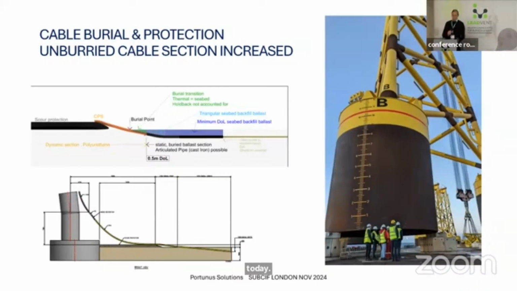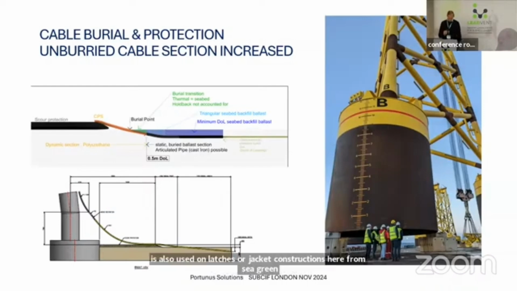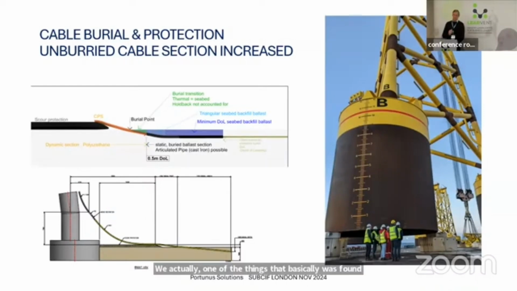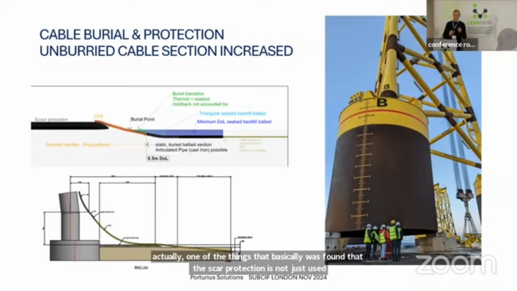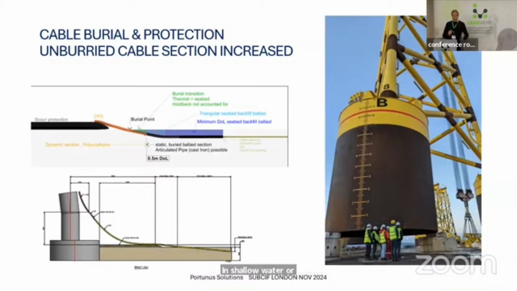Yep. The scour protection is also used on lattice or jacket constructions here from Submarine. Here we actually, one of the things that basically was found, is that the scour protection is not just used in shallow water or for the operation space, and for example in suction buckets here on Submarine.